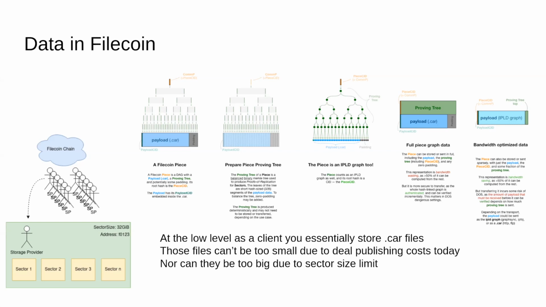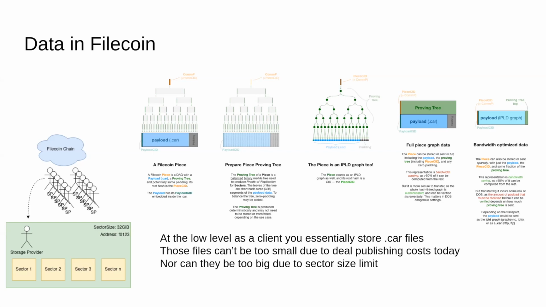And you can then, as a client, make what we call deals with miners, and deals are power of two sized pieces of data that are stored within a sector, and they can be smaller than the sector. They cannot be too small because that's very expensive.